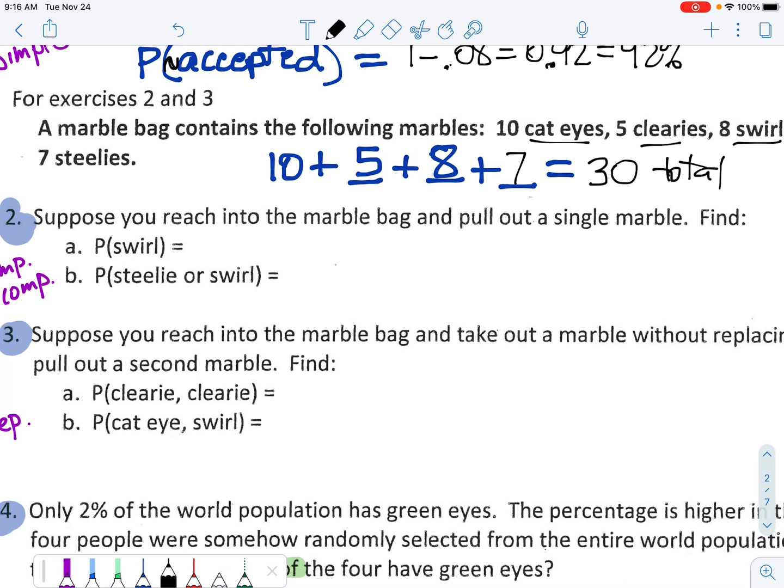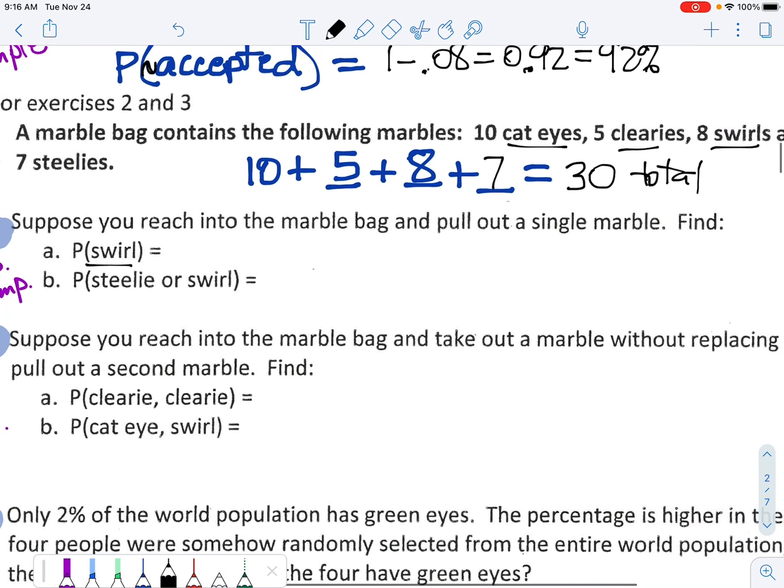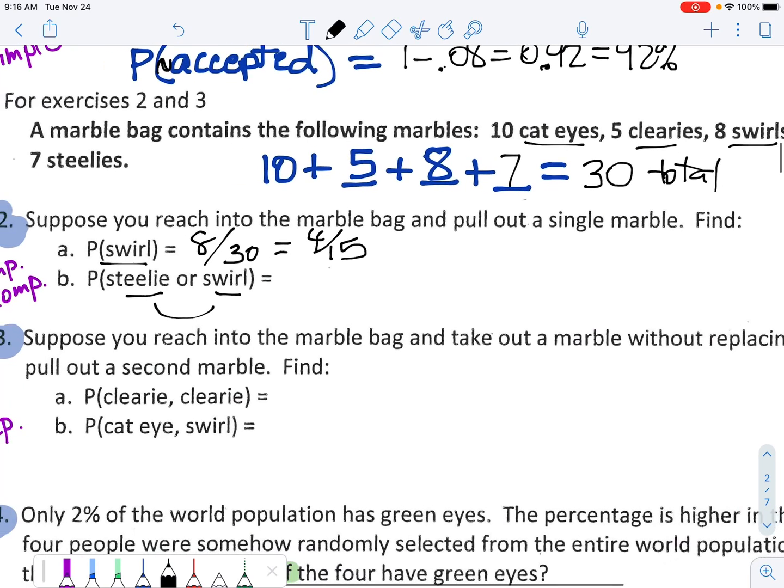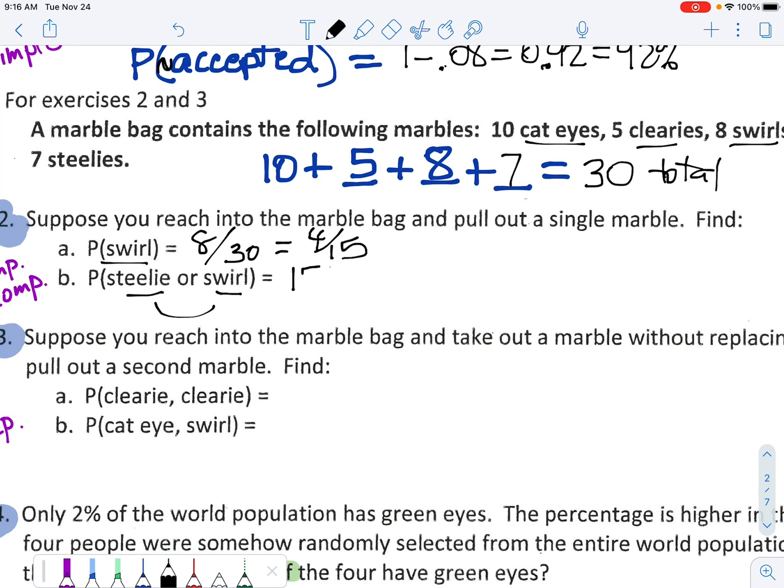So then if I look at what is the probability of pulling out a swirly, that would be 8 out of 30, which reduces to 4/15. And again, steely or swirly, I can add those up. There is no overlap. There's not like some marbles that are both. So 8 plus 7 is 15/30, which is 1/2.